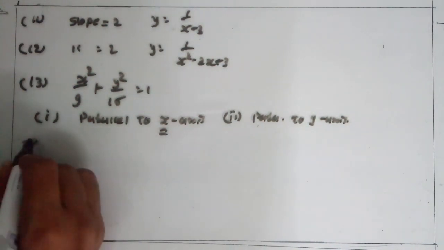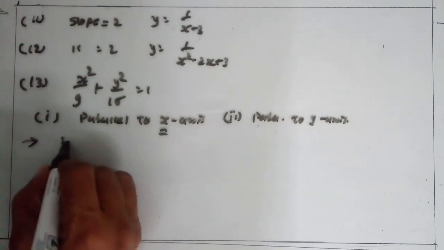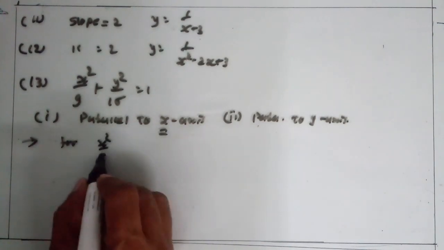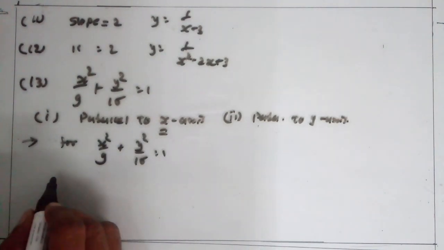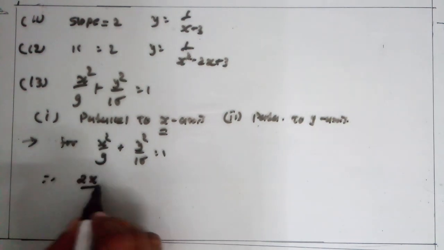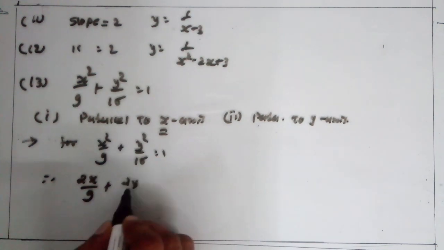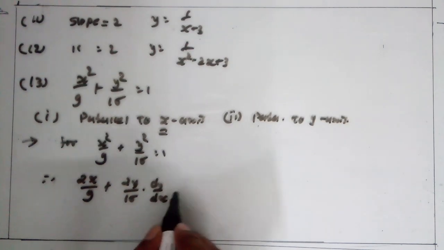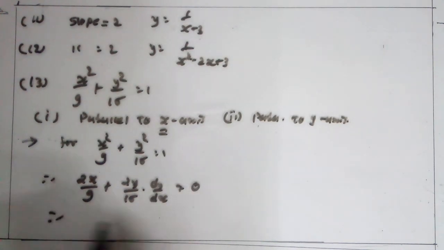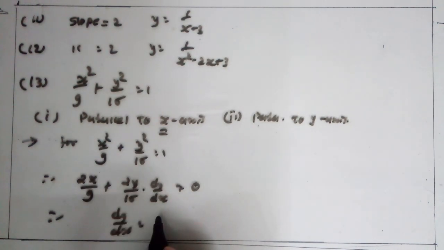Now you first find the dy/dx for x square upon 9 plus y square upon 16 is equal to 1. Differentiate with respect to x. So we get 2x upon 9 plus 2y upon 16 into the derivative of y with respect to x, dy/dx, is equal to 0. Therefore dy/dx is equal to 2x upon 9, take this side, so minus 2x upon 9.